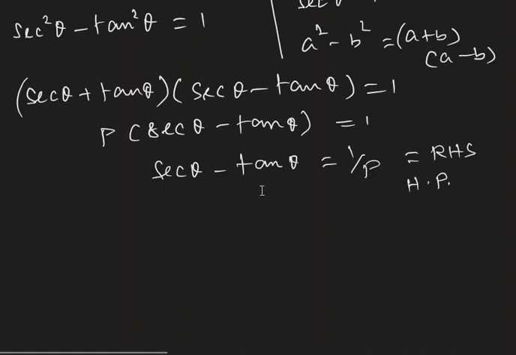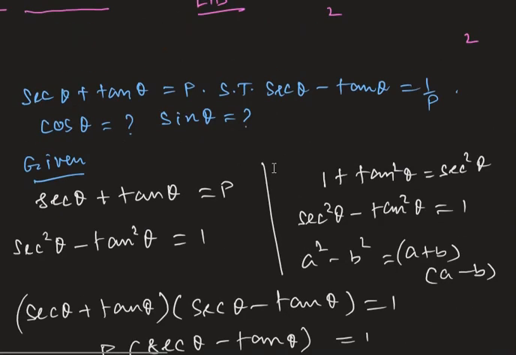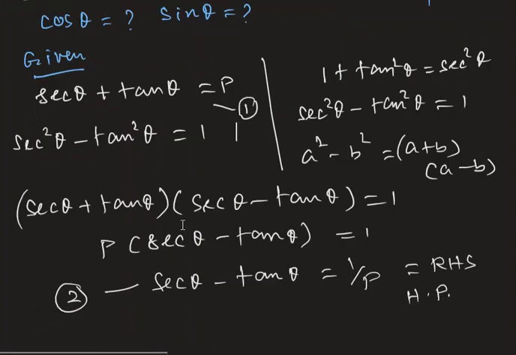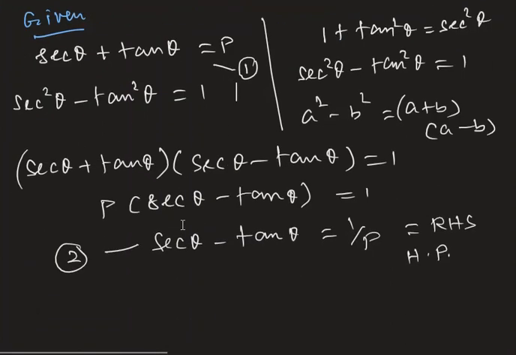By adding these two equations, we can get a suitable form, is it not? So let me consider this as equation 2, and the first one, which is given here, is equation number 1. Let us add equation 1 and 2 so that the tan theta can be eliminated.